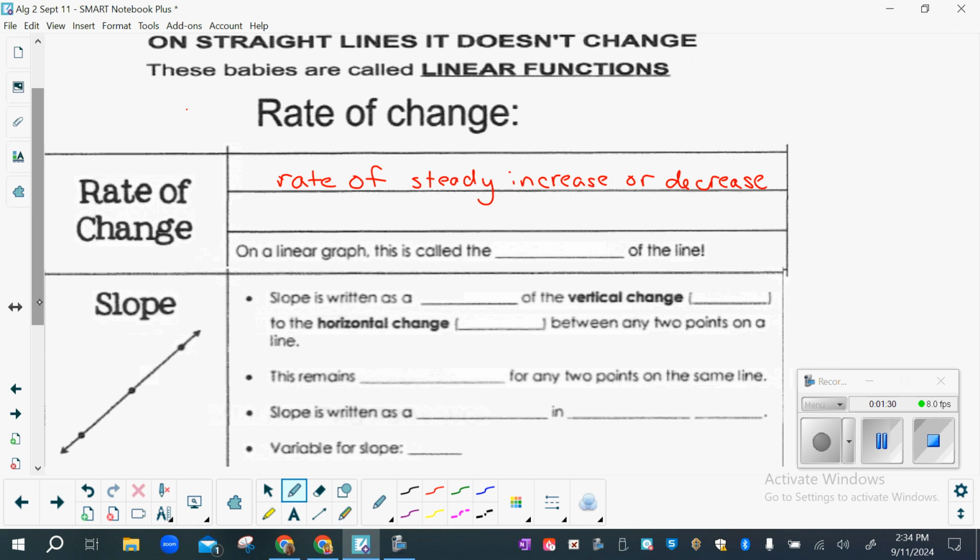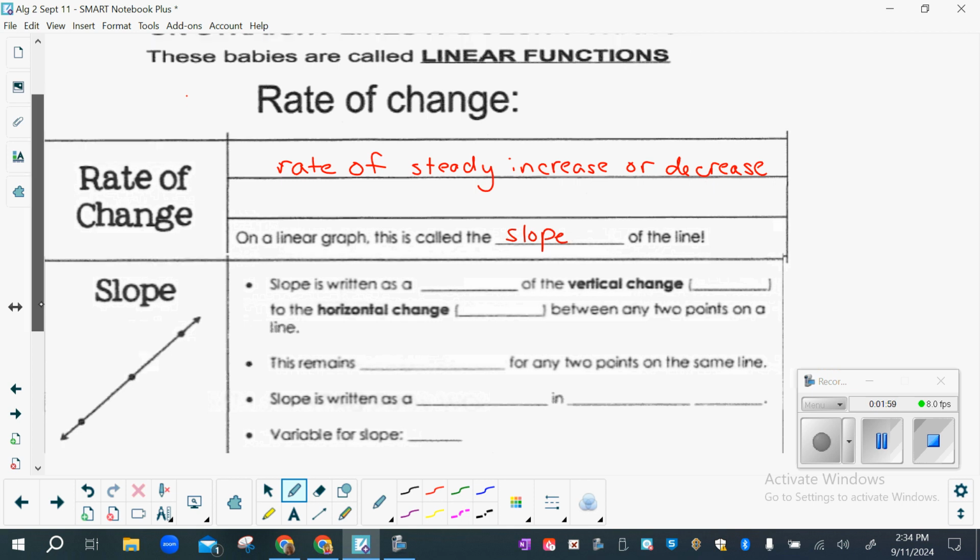And if we're talking about a linear graph, it means it's what shape? Somebody just said it. It's a line. It has the word line in it, doesn't it? So it's called slope when it's a linear graph, when it's a line, that rate of steady increase or decrease. Steady meaning it doesn't change, constant.